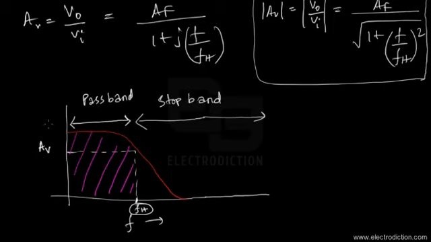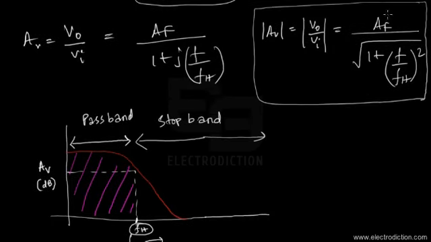Whenever we construct it, the frequency response should look somewhat like this. If the gain is plotted on the decibel scale, the maximum gain of this circuit, AV max, is equal to AF for those frequencies that fall within the pass band.